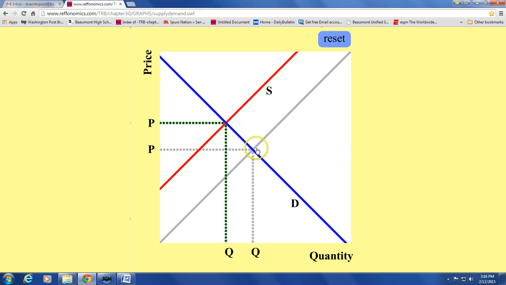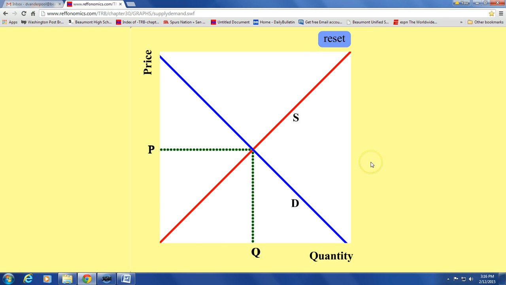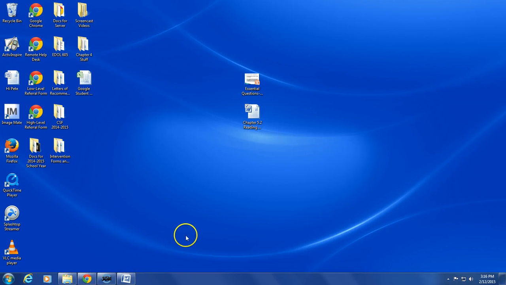As we move from that equilibrium to that equilibrium, price went up and quantity went down. So those are the four possible scenarios. But no matter what, if you shift a demand or a supply curve, you're going to change your equilibrium price, and you're also going to change your equilibrium quantity.